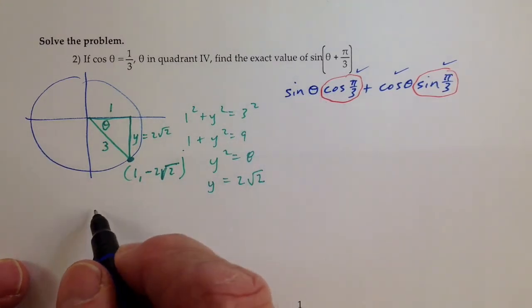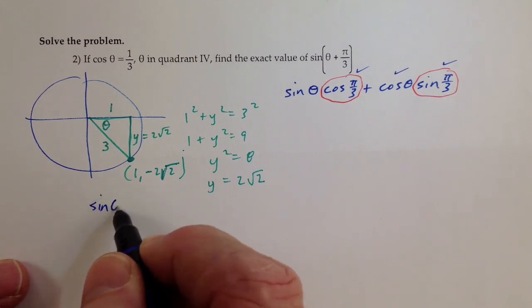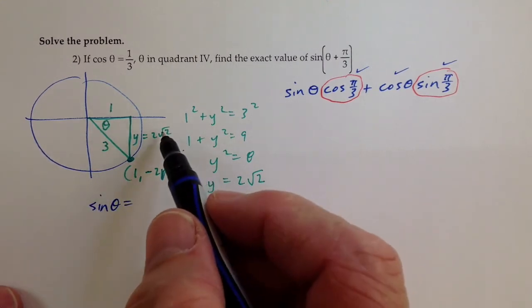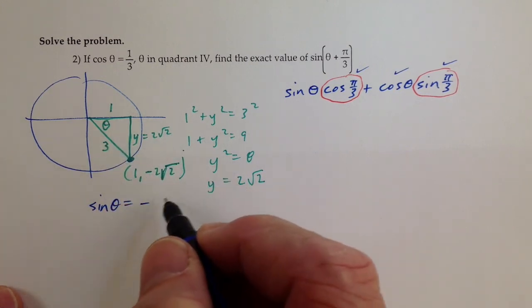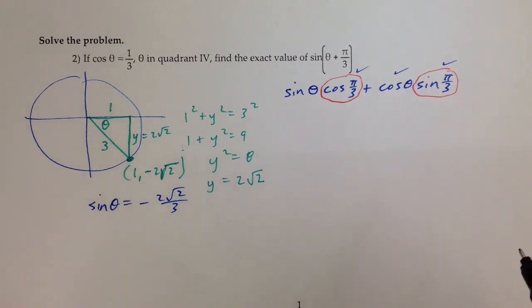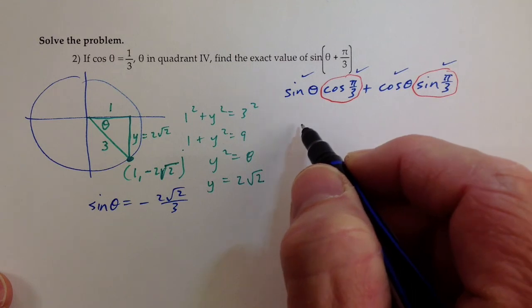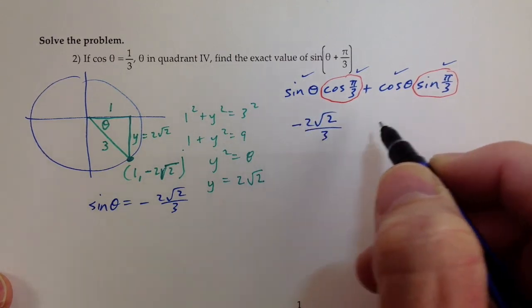Then we just substitute in the values. The sine of theta is the opposite over the hypotenuse, but the sign is negative in this quadrant, so negative 2 radical 2 over 3. Check, we've got that. So we replace the sine of theta with negative 2 radical 2 all over 3.